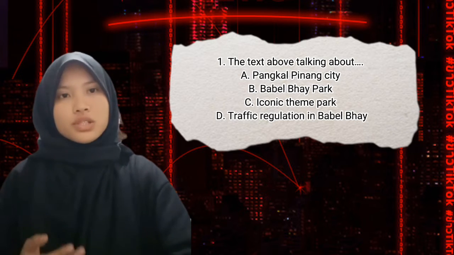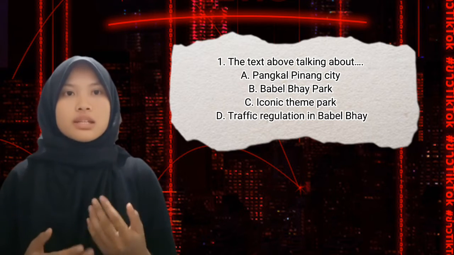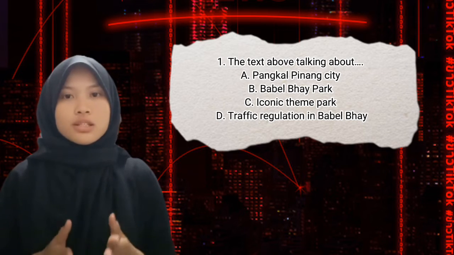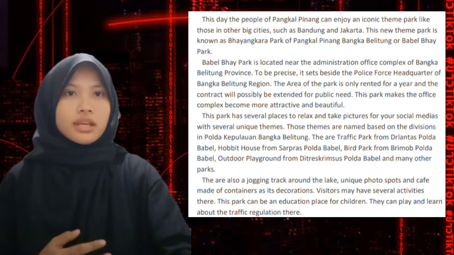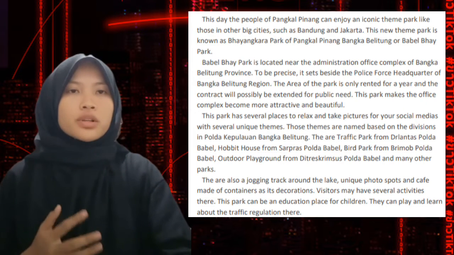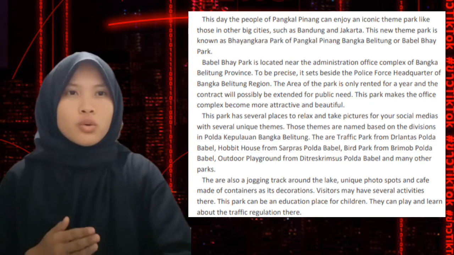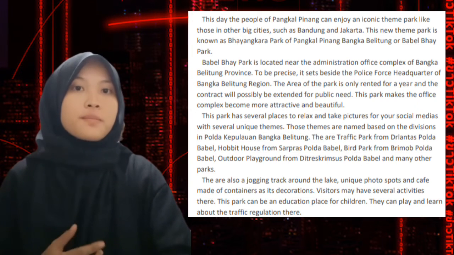So, this question is asking for the main idea or topic of the text. Usually, the main idea is in the first sentence of the first paragraph. So now, let's see the first sentence of paragraph 1 in the text. If we just focus on the first sentence, we think that Pangkal Pinang City is the main idea, right?